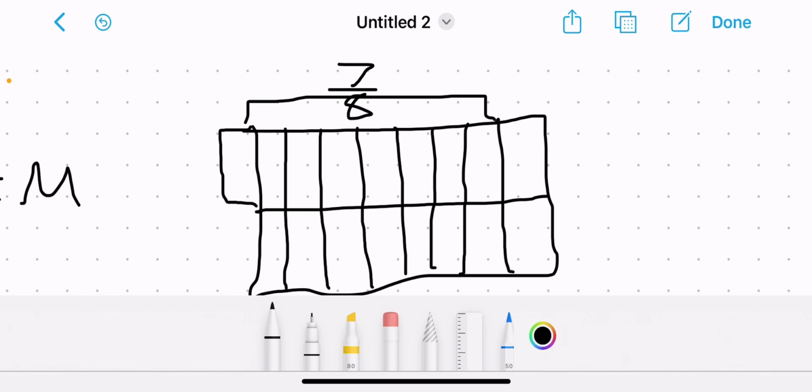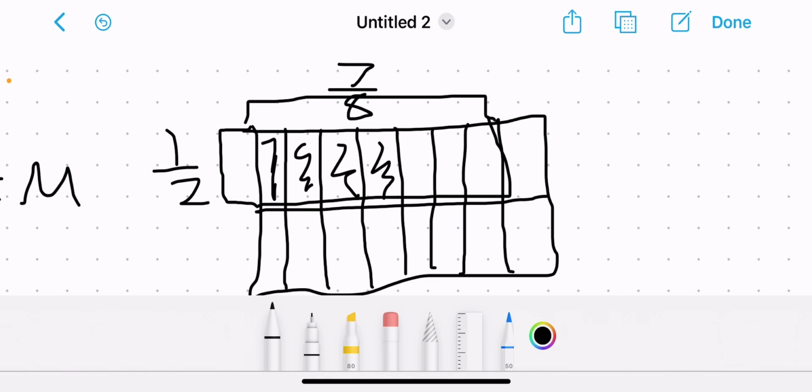So I'm using 1/2 of those 7/8. Then I'm going to color everything that fits in this rectangle. I saw a student in Miss Christie's class using dots, which is a really great lazy mathematician strategy.